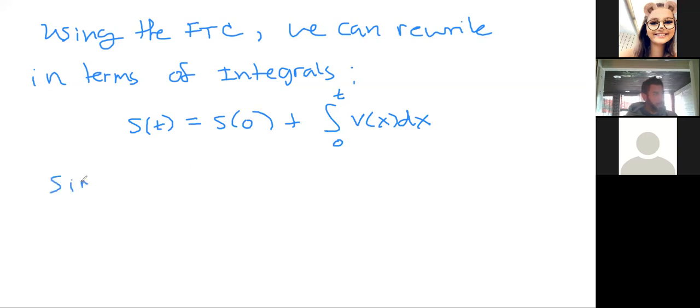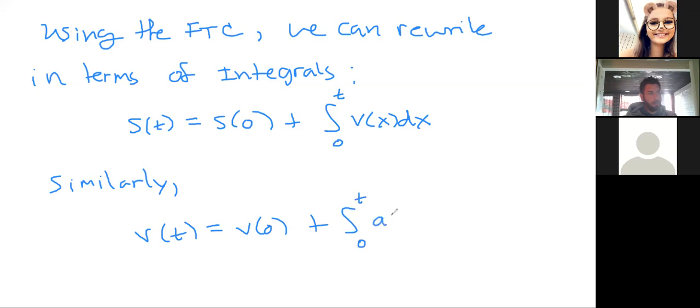And then similarly, your velocity at any time is always equal to your initial velocity plus the integral of your acceleration.